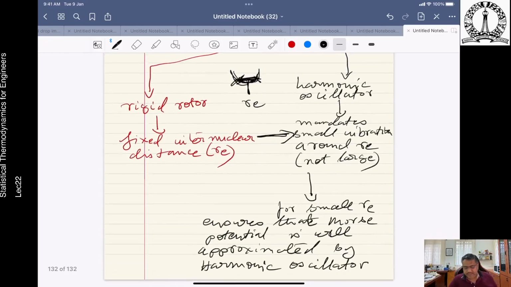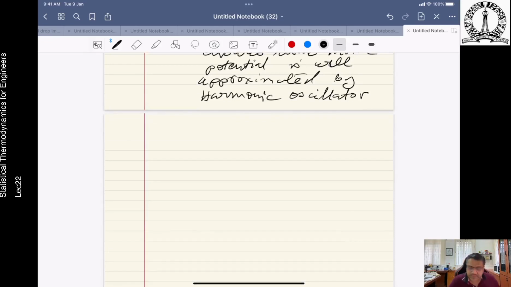And that ties very well with the rigid rotor model, because R is fixed, invariant, and therefore there is only a small amount of oscillation about R, and that is what ensures that the oscillation is well behaved, so to say.